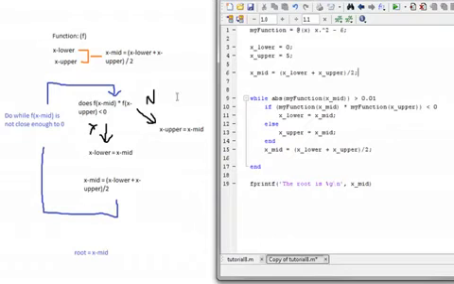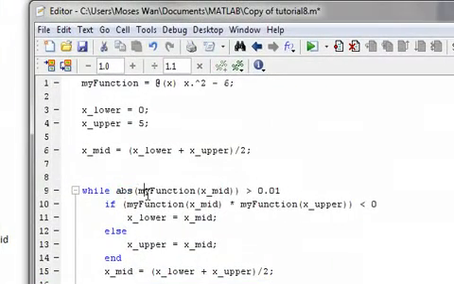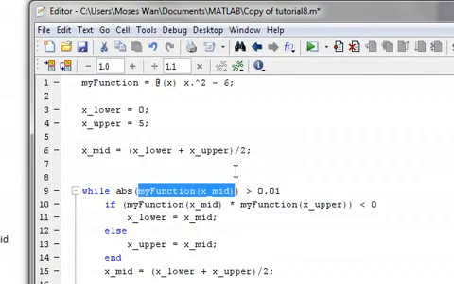Now I'm going to put all of this into a loop. We want to do a do while, so while the absolute value of this point is greater than 0.01. We don't want anything which is greater than 0.01 or less than negative 0.01.